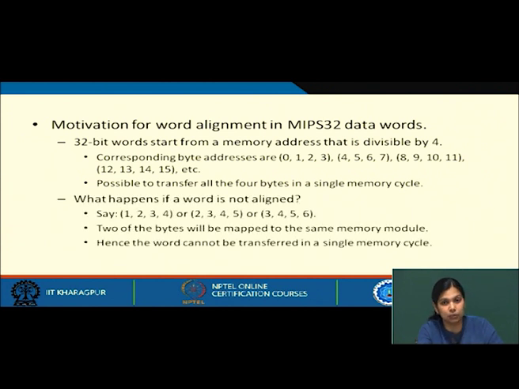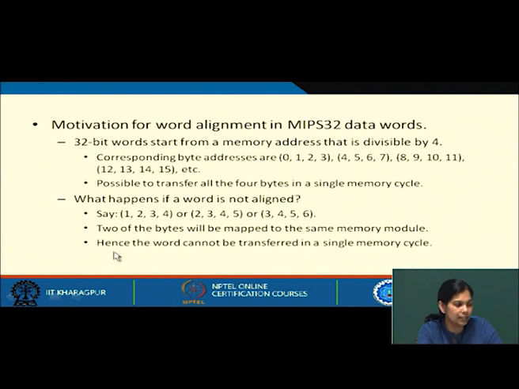What happens if the words are not aligned? Let us say some words start from 1, some words start from 2. Then my words are in consecutive modules, 1, 2, 3 and 4, but this will not help us, because it is not aligned; it is not starting from 0. In that case I need 0 as well.